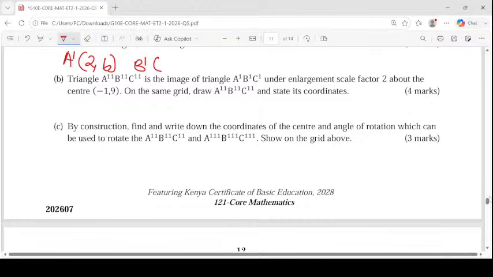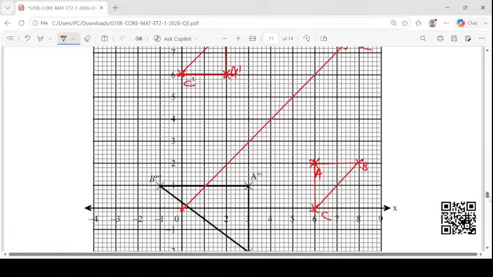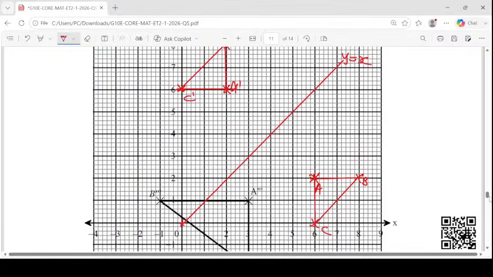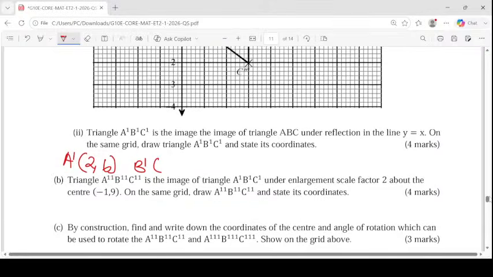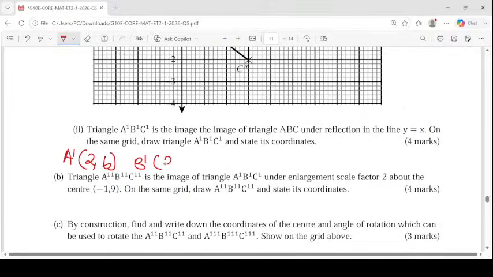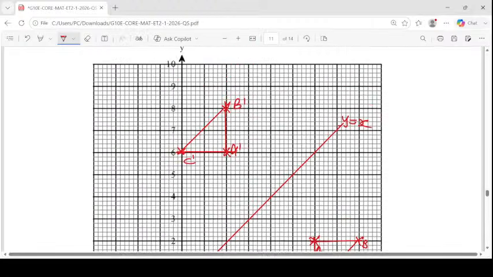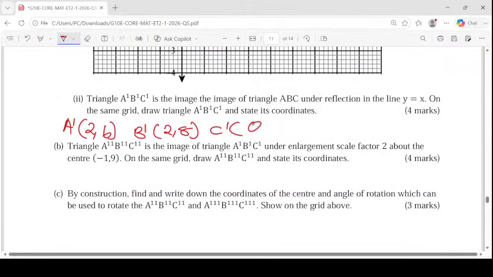Coordinates of B prime are 2, 8. C prime, we have it as 0, 6. Those are the coordinates.